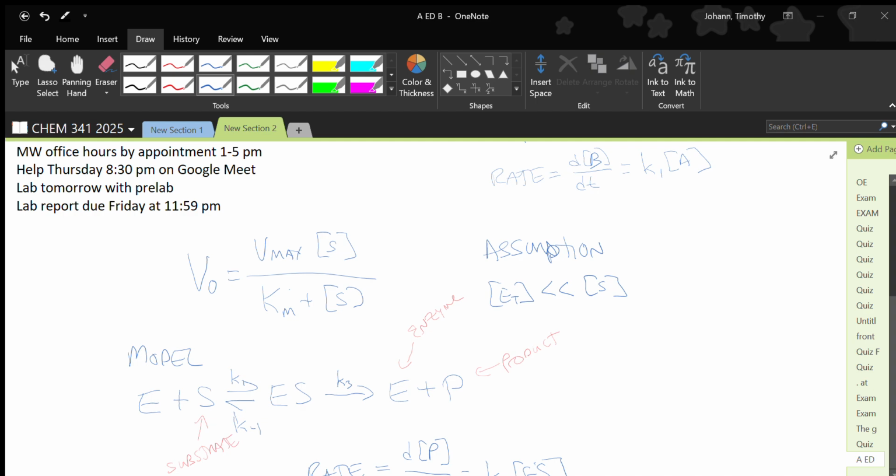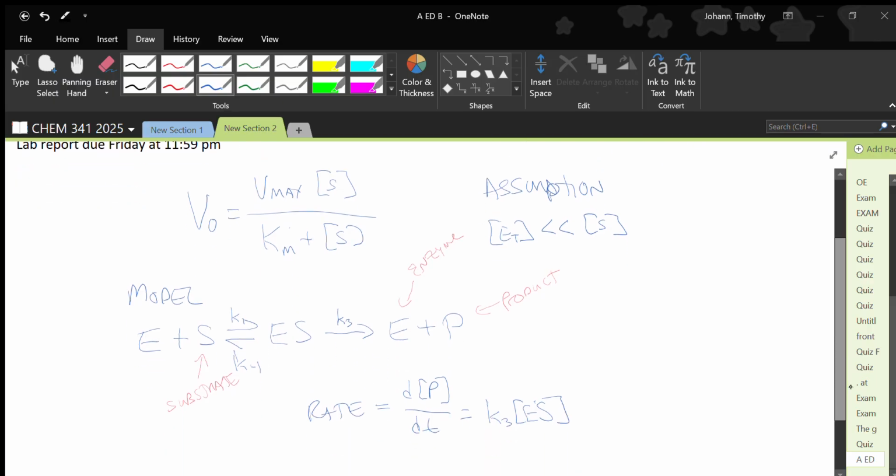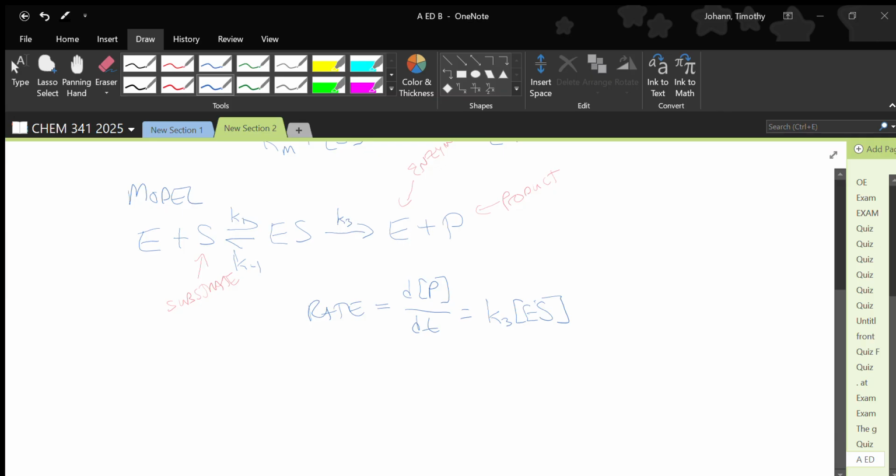You could calculate how much substrate you had there, and then you just vary how much substrate you're adding, which you did not do last time, but you will do. From that, you can figure out your Vmax and your initial rate. You'll get your initial rates, and then you'll figure out your Vmax from that, and you can figure out your Km then.